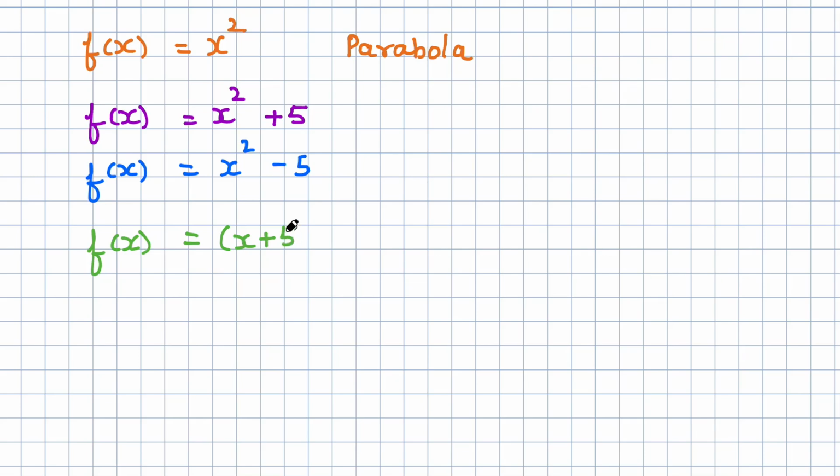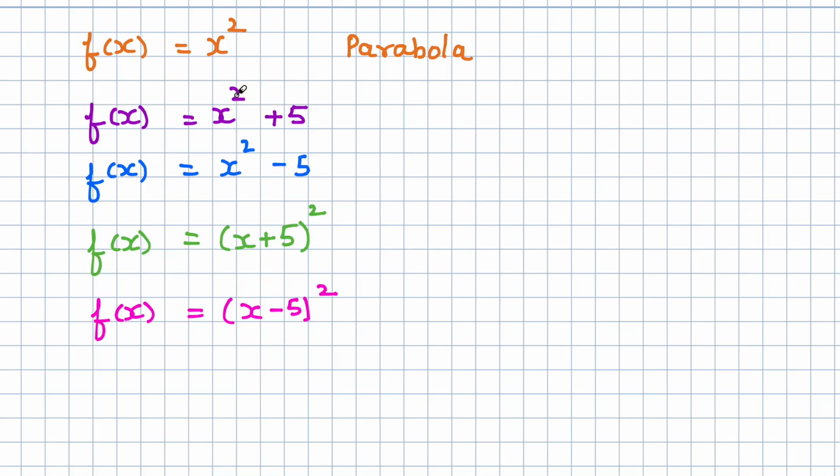That means I am making changes with the variable part and nothing is added or subtracted. And the fourth one is f of x is equal to x minus 5 whole squared. So these four transformations we are going to learn.